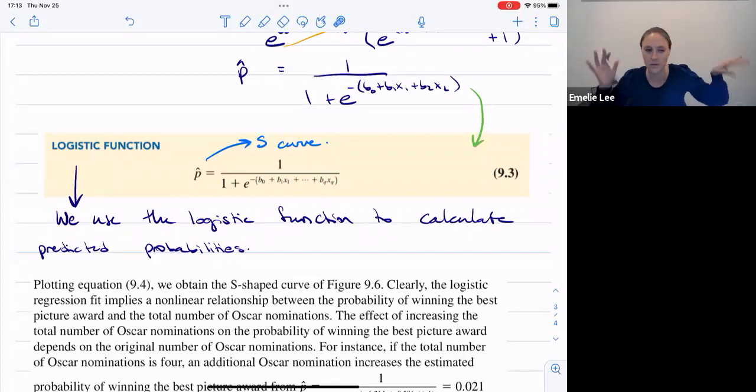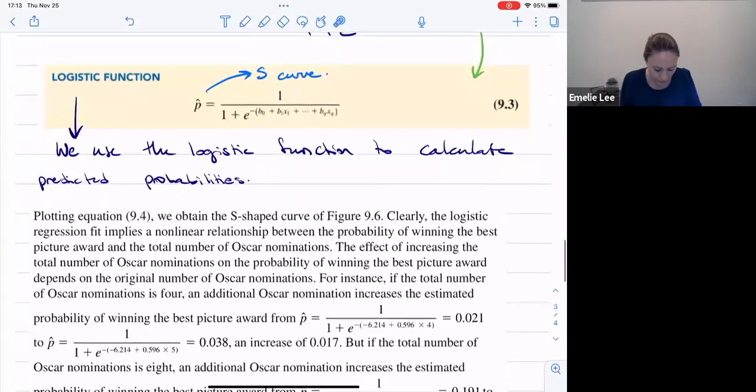It's e to the power of something, and 1 over that kind of messes things up. So what we have is this non-linear relationship, especially if you see this S curve. So how we interpret things and how things change are going to depend on where we started.